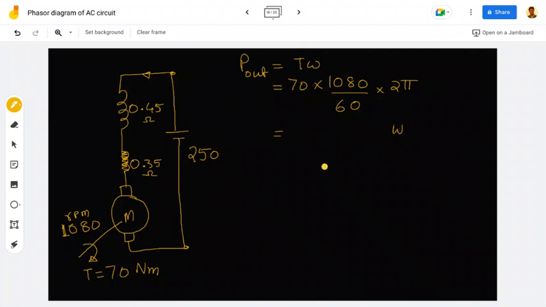So can someone help me with the calculation? So yeah, how much is that? So I pull out my own calculator also.